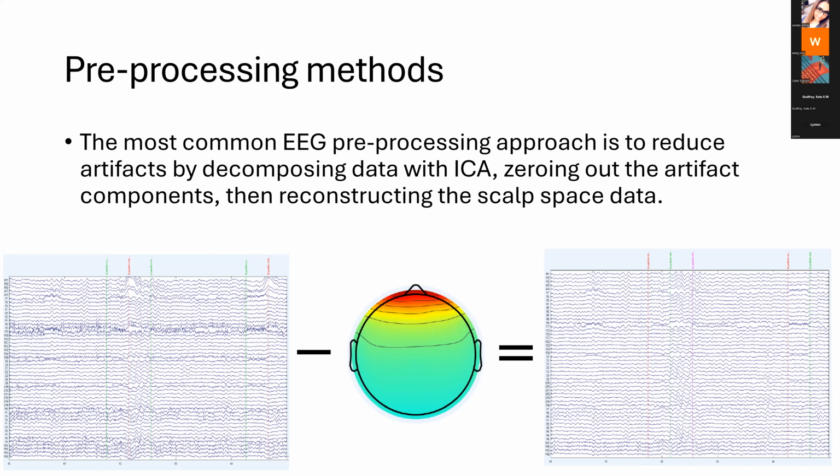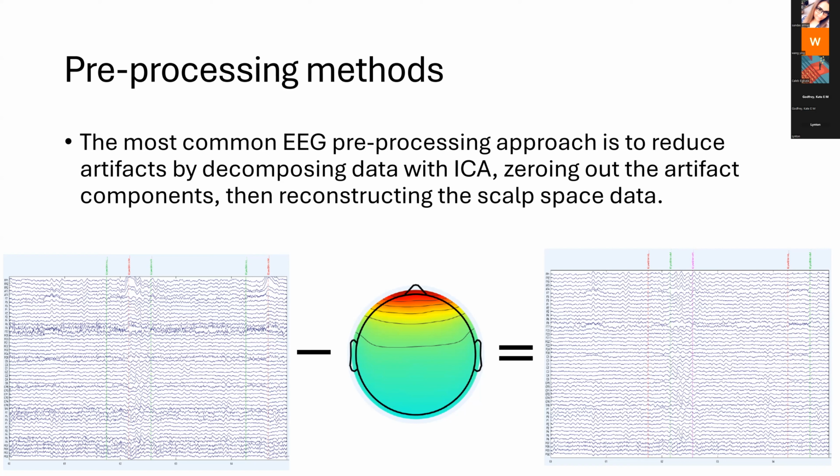And then to zero out the artifact components. We identify these with ICLabel, for example, but a lot of people use just manual identification. And then to reconstruct the scalp space data after those artifact components have been removed.